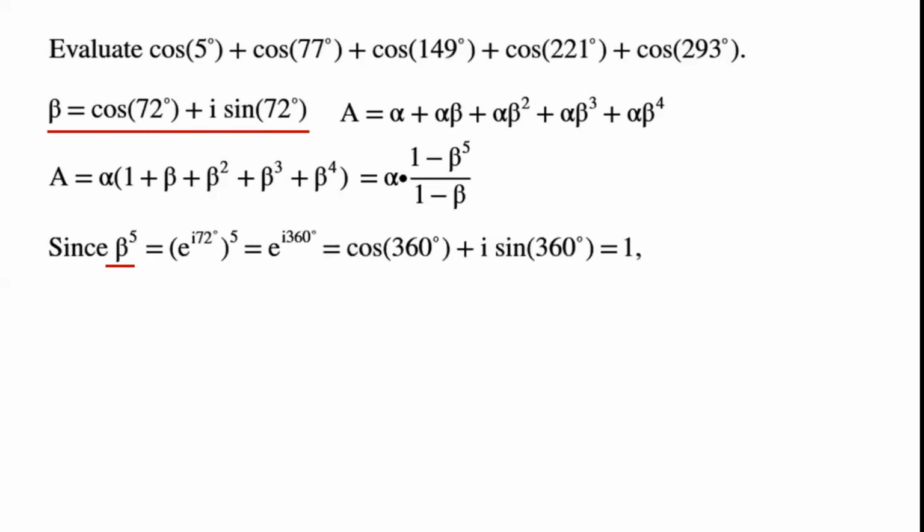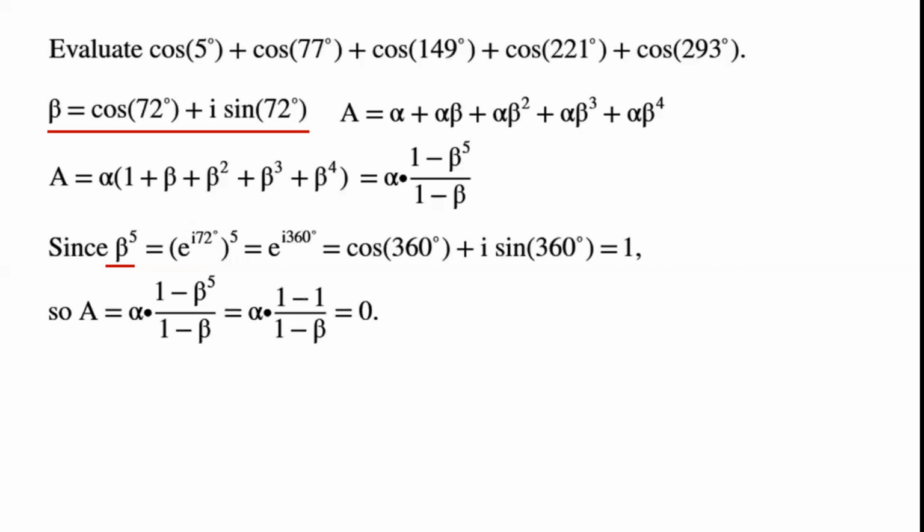Since beta to the power of 5 equals e to the power of i 72 degrees, all to the power of 5, which is equal to e to the power of i 360 degrees, which can be written as cosine 360 degrees plus i sine 360 degrees, which is equal to 1.